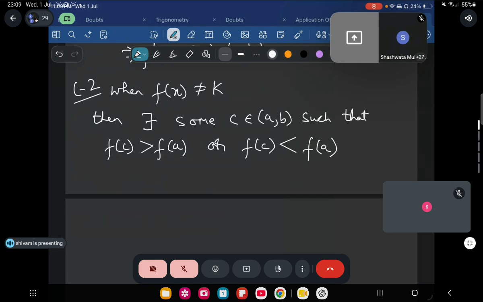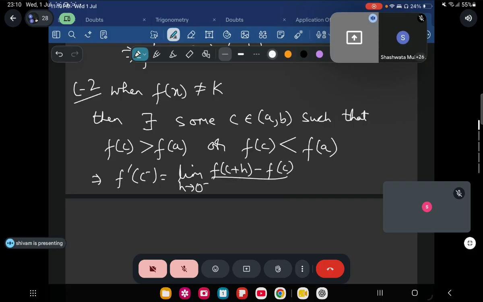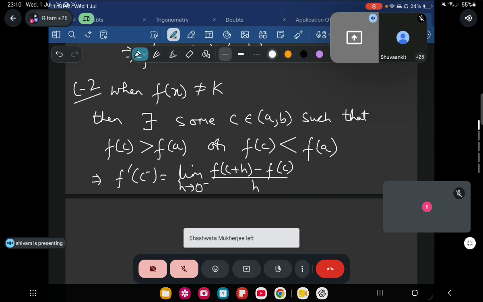So everyone, can I say what is f dash at c minus? f dash at c minus will be equal to limit h tends to 0 minus of f of c plus h minus f of c upon h. Are people getting?